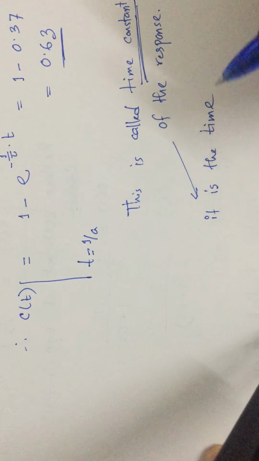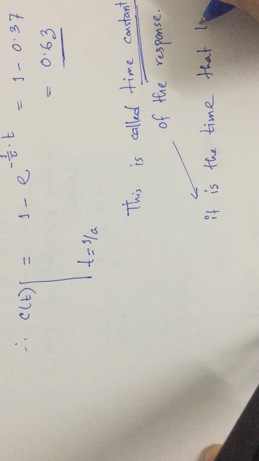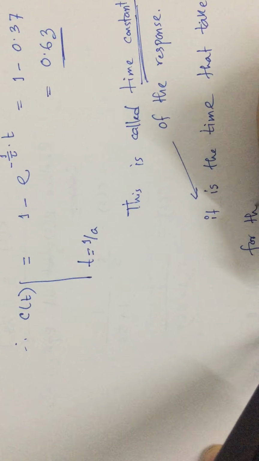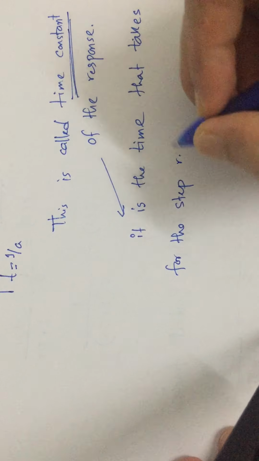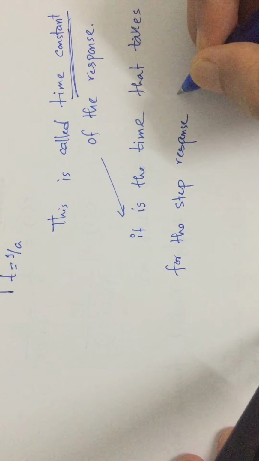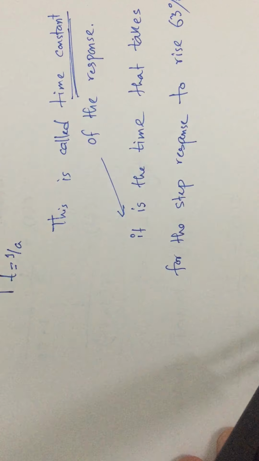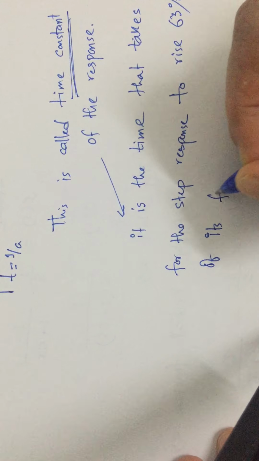So what is this? It is the time it takes for the step response to rise to 63% of its final value. I'm still writing even though it's written in your slide.